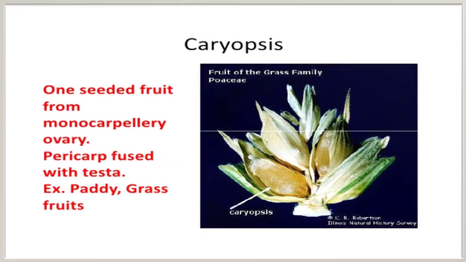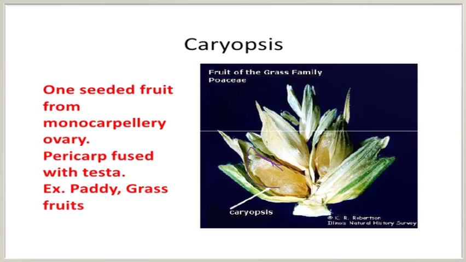The next one is caryopsis. The next form of achenial fruit is caryopsis. In this, again, there is a single seed, and a monocarpellary ovary, a single carpel in its ovary, but the outer protective layer, the pericarp, is fused with the testa.